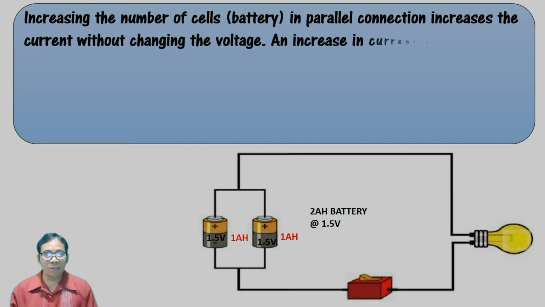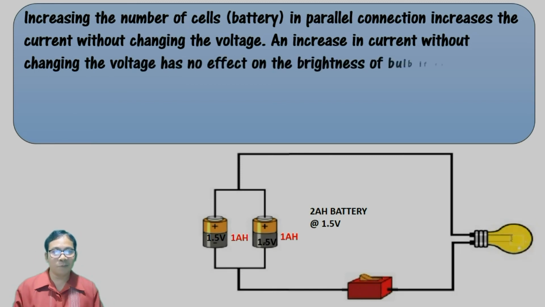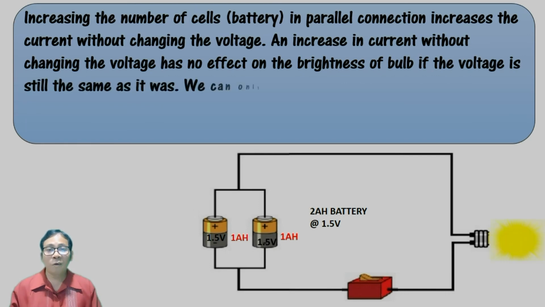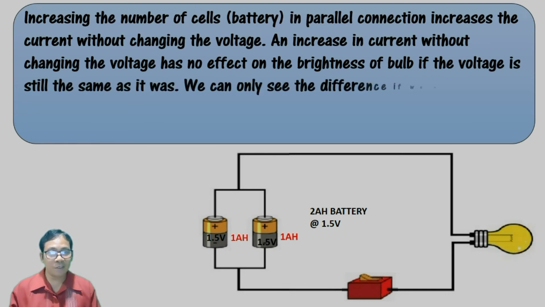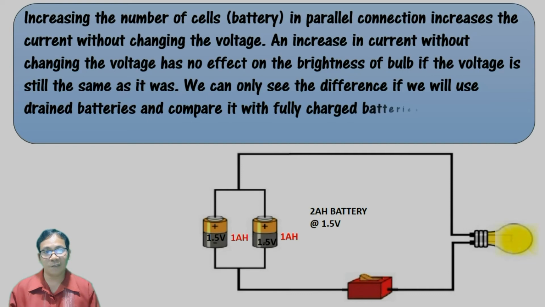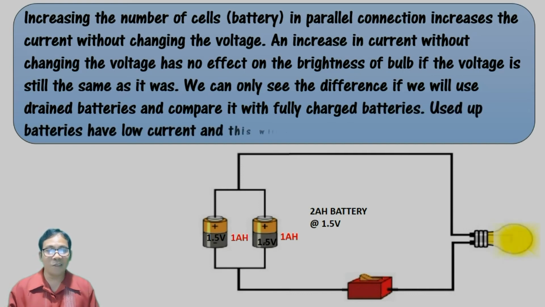An increase in current without changing the voltage has no effect on the brightness of the bulb if the voltage is still the same as it was. We can only see the difference if we use drained batteries and compare them with fully charged batteries. Used up batteries have low current, and this will affect the brightness of the bulb.